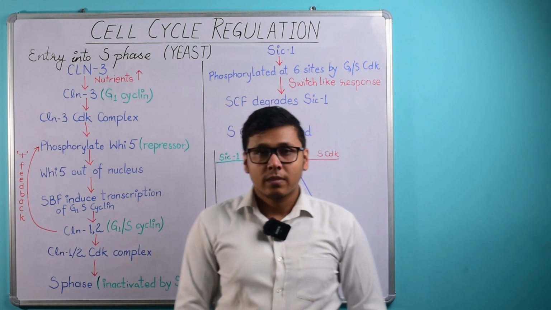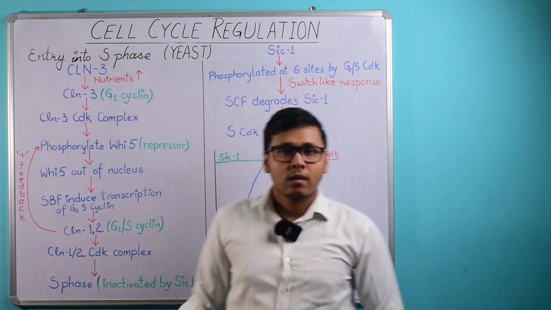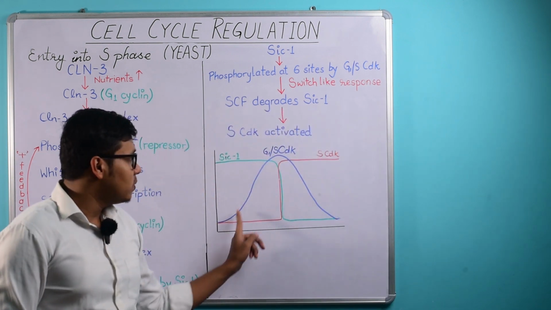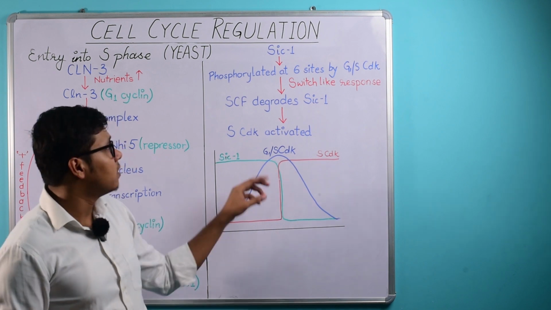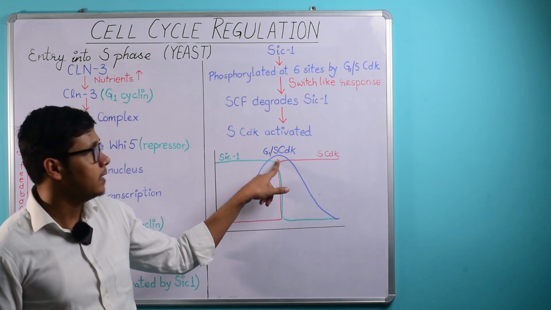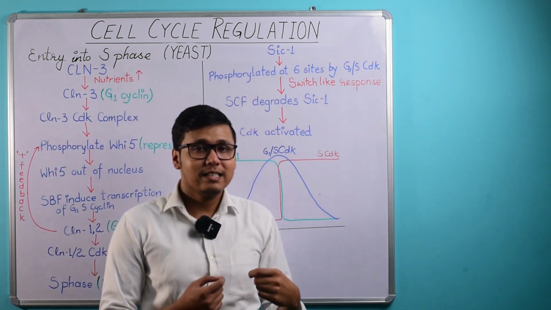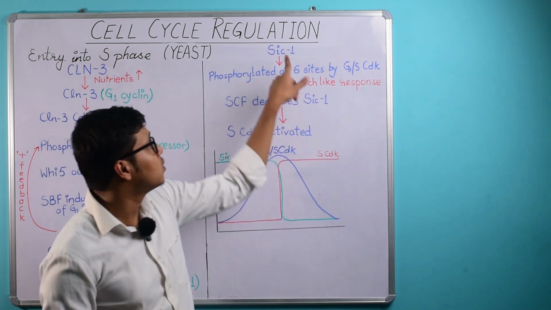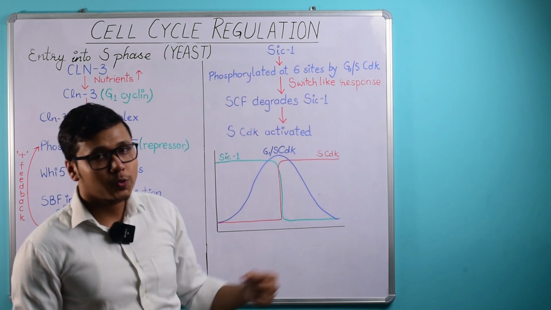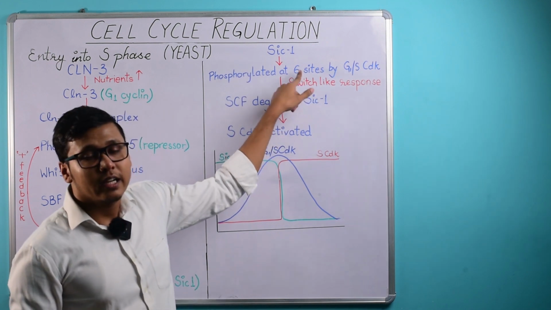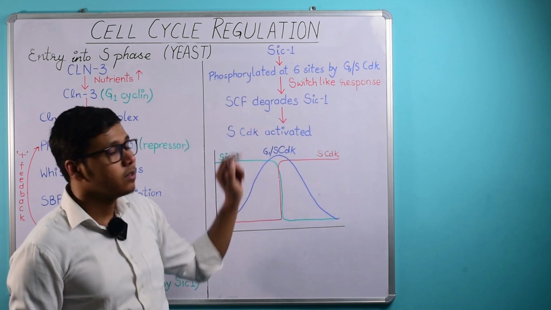So in this way, when enough G1/S cyclin-CDK is formed, when the G1/S cyclin-CDK is at peak, with enough concentration, then the phosphorylation at at least 6 sites will happen to SIC1, and as soon as SIC1 gets phosphorylated at its 6 sites, it is bound to get degraded by the SCF protein.